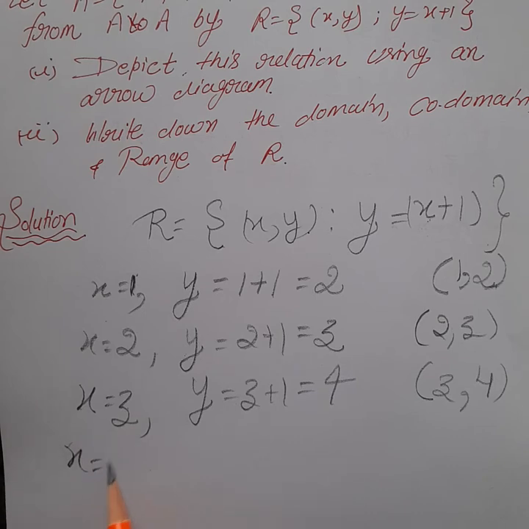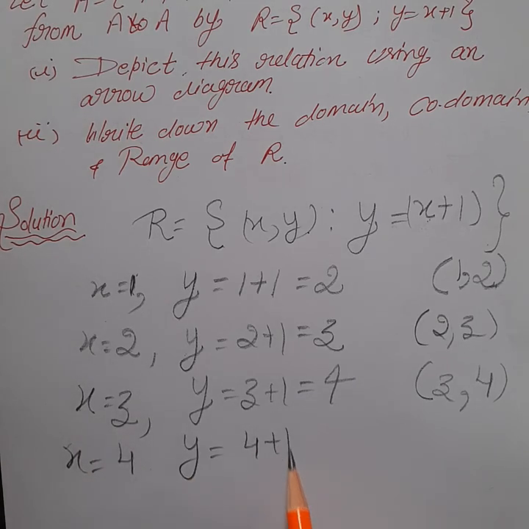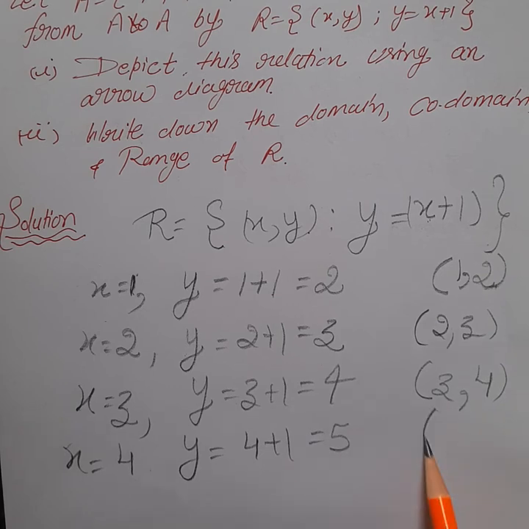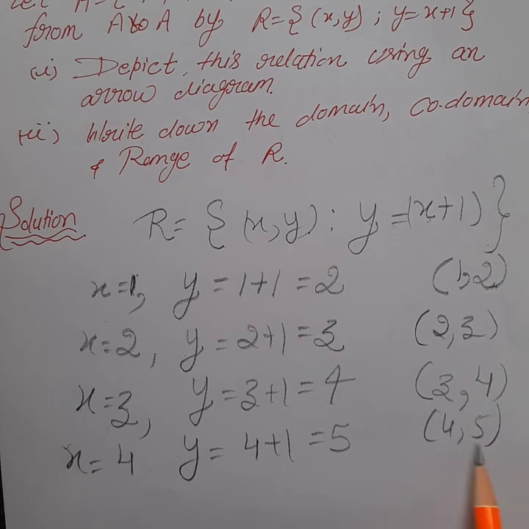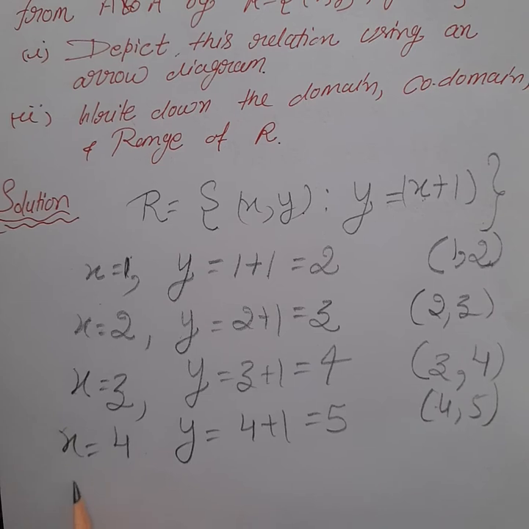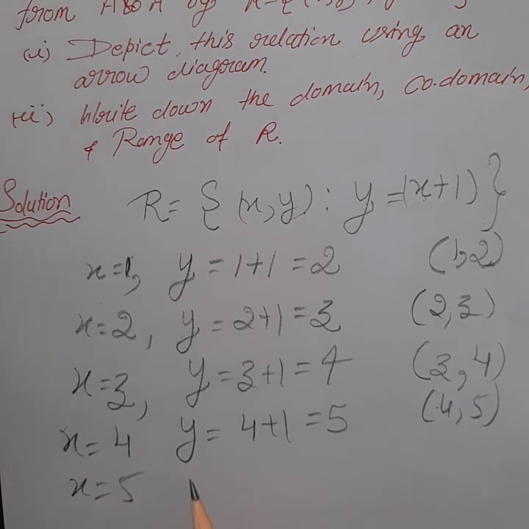After that you put x = 4 and you get 4 + 1 = 5, and the next pair is (4, 5). Then we put x = 5 and we get 5 + 1 = 6, so we get (5, 6).